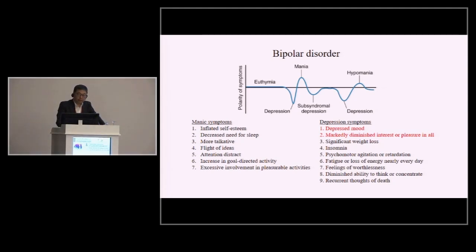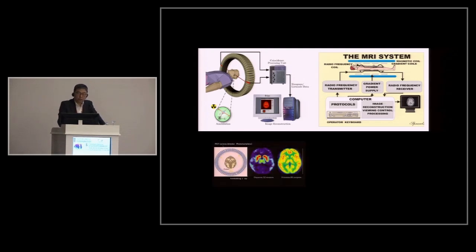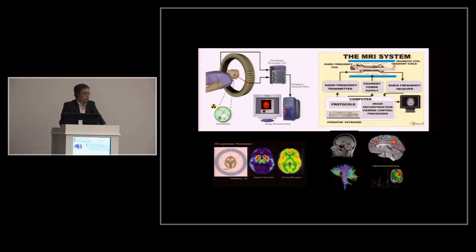But of course, with advanced technology, we can use positron emission tomography or single photon emission tomography. We can do the FDG study to see glucose metabolism, and we give a specific radioligand to see specific receptors.